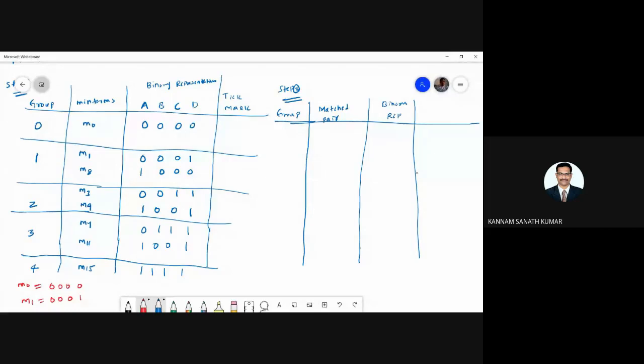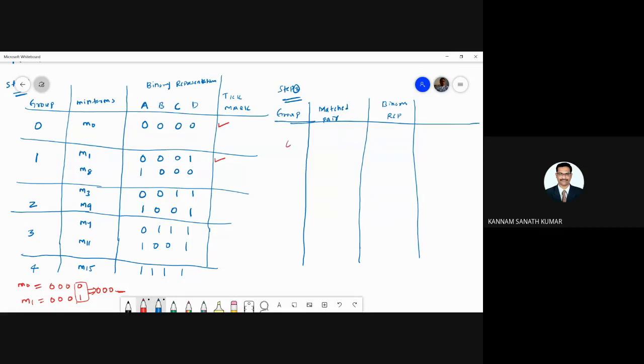So these three zeros are the same, and the last bit is different. So you can write this as 0 0 0 and, for whatever the different term is, you write a colon. So what is my matched pair? m0 and m1.